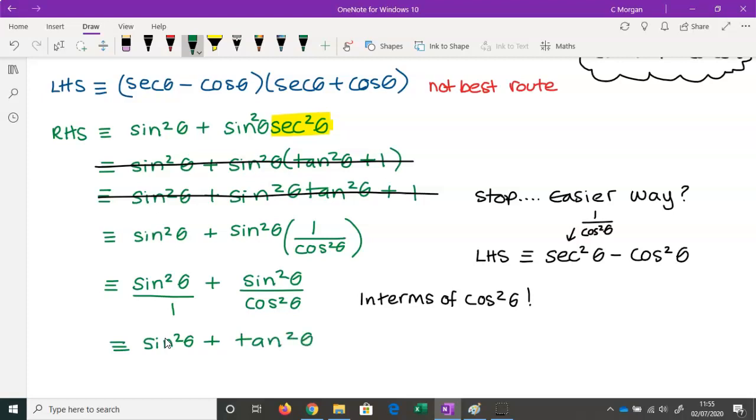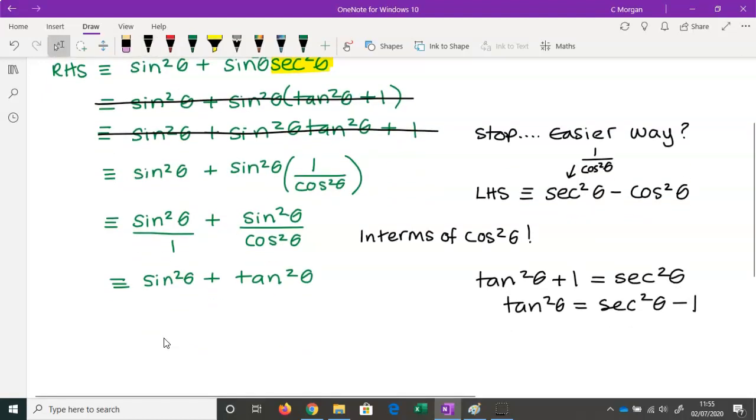And now that's really, really helpful. Because what I'm realising is that tan squared theta is in one of my identities. Now tan squared theta add 1 is the same as sec squared theta. Okay, so that means that tan squared theta must be the same as sec squared theta, subtract 1.